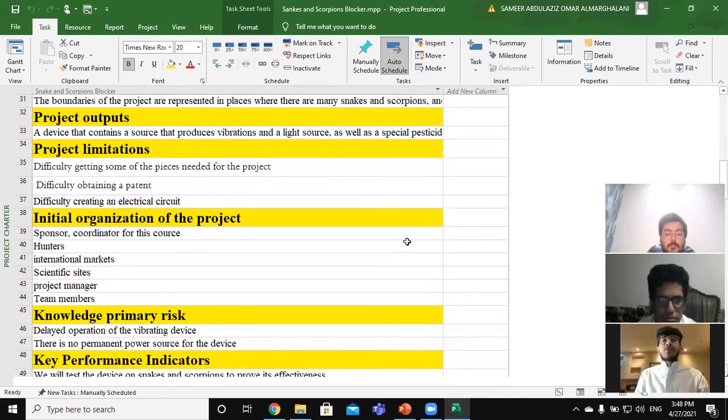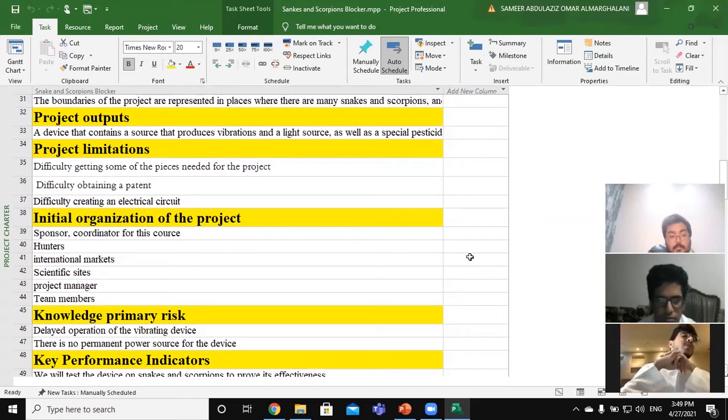We have three limitations for this project: difficulty getting some of the pieces needed for the project, difficulty obtaining a patent, and difficulty creating an electric circuit. Initial organization of the project charter: sponsor, coordinator for the course, hunters, international market, scientific sites, project manager, and team member.